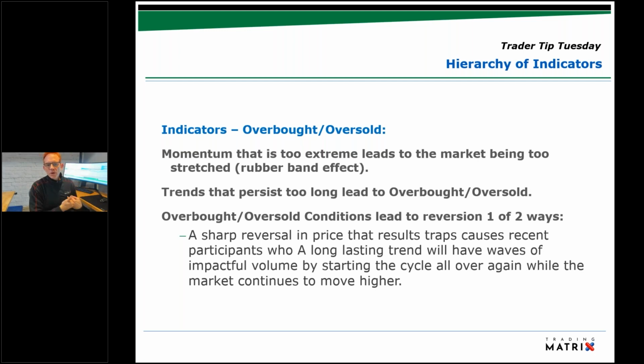There's a sharp reversal in price that results in traps, volume traps, that cause recent participants who are in the trade to cover. Or overbought, oversold conditions get resolved by going sideways. So I always say there's two ways the market reverts. It reverts by going back to the mean, or it reverts by going sideways with the mean catching up.